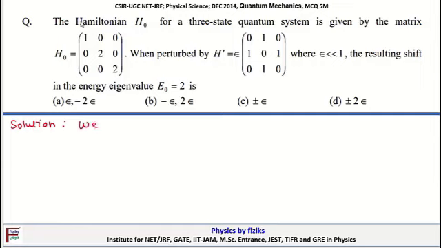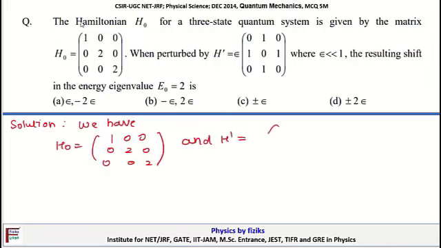We have H0 equal to [1 0 0; 0 2 0; 0 0 2] and H' as [0 epsilon 0; epsilon 0 epsilon; 0 epsilon 0].